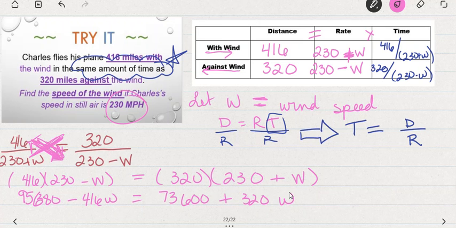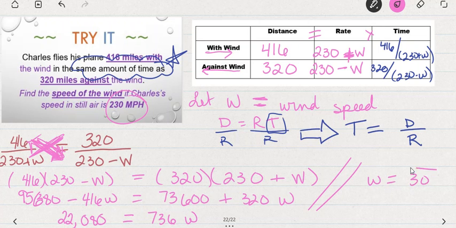Solving for W, I'm going to put the W's together. So I'll subtract 73,600 from both sides to get 22,080. Add 416 W to both sides to get 736 W. And now if I divide both sides by 736, I get that W equals 30.